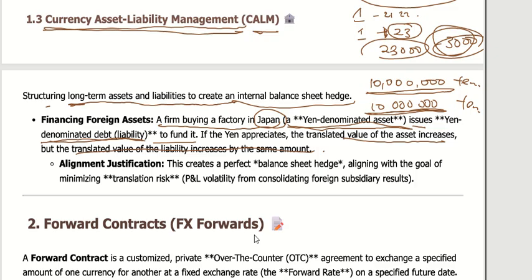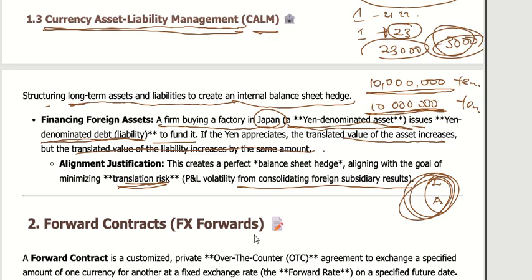So as a result, you have a way of at least minimizing this translation risk, especially at consolidation, because your liability coming from a certain subsidiary corresponds with the asset. So you may not have evidence of a big loss or something of that nature. So that's what is happening.